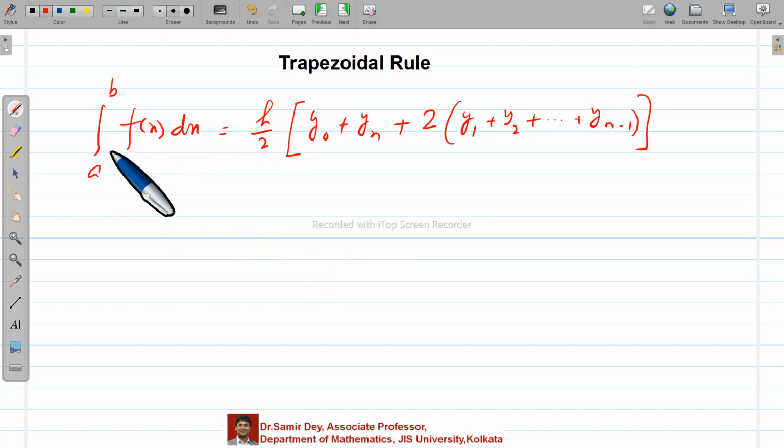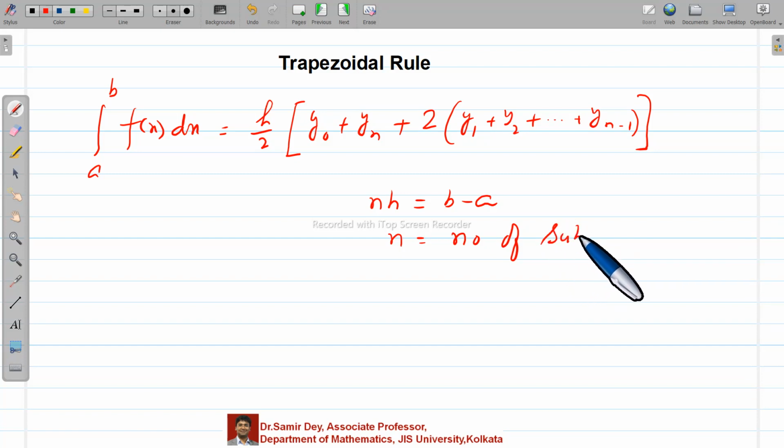The values a, b and h are connected by this relation: nh equals b minus a. What is n? n is the number of sub intervals.